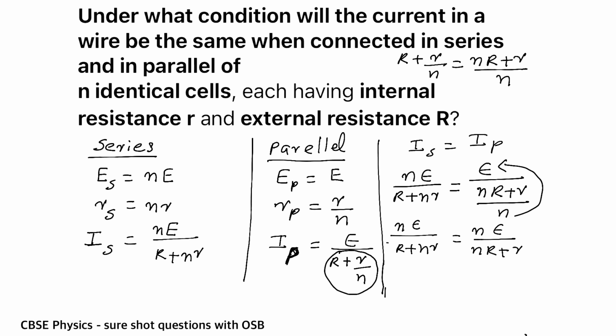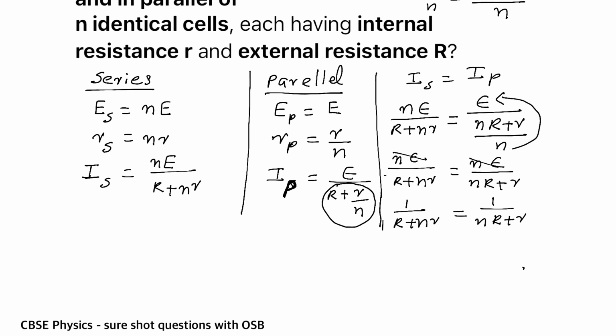Now you can cancel this. Actually you can directly take the reciprocal, but if anybody has doubt, I will do that step also. 1 by R plus Nr is equal to 1 by Nr plus r. Now take reciprocal on both sides. So R plus Nr is equal to Nr plus r.